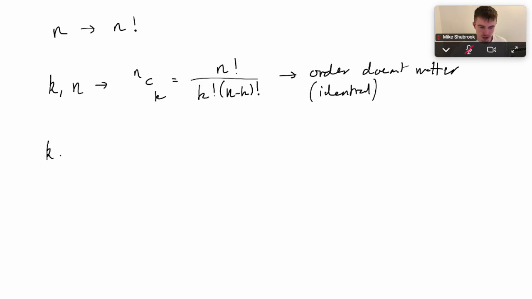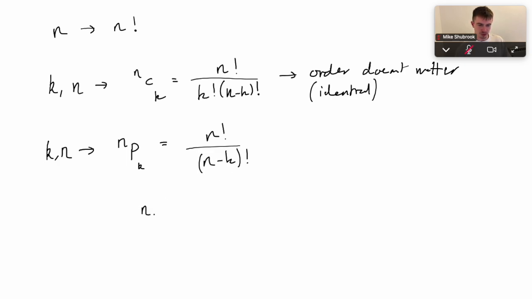Now let's imagine the alternative situation where the objects that I'm choosing are not identical, they're distinct. If I want to choose k of them out of n, then I have the permutations of n and k, which is going to be n factorial over n minus k factorial.